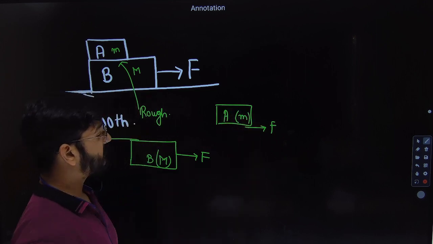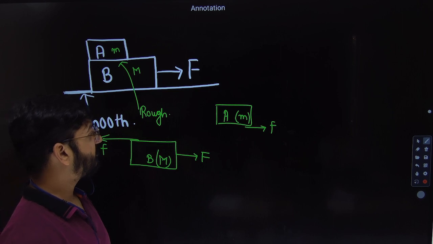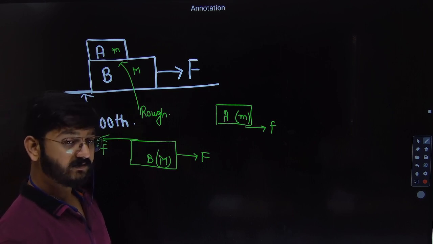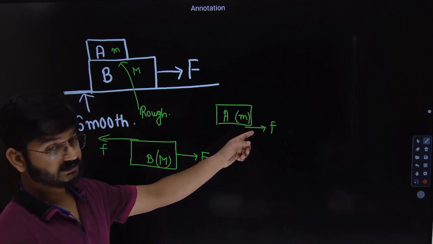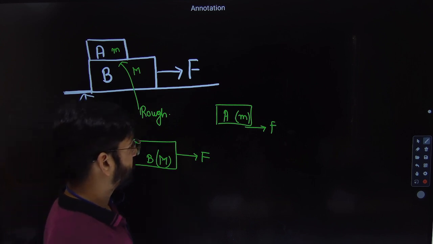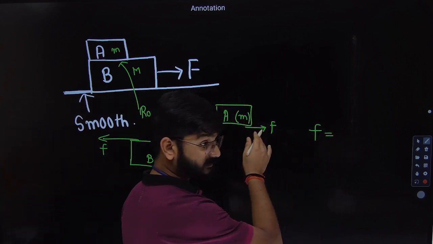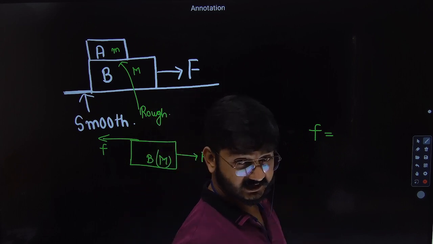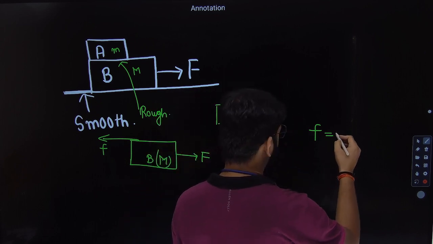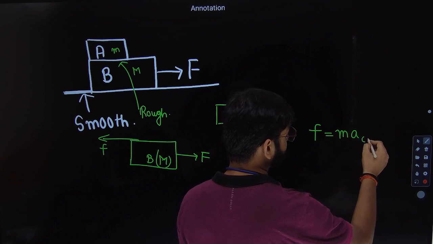So which force is responsible for moving A along with B? Friction. So this F should be equal to what? Because this is responsible, we're using the basic definition of force. Force is what? Mass into acceleration. Which acceleration?